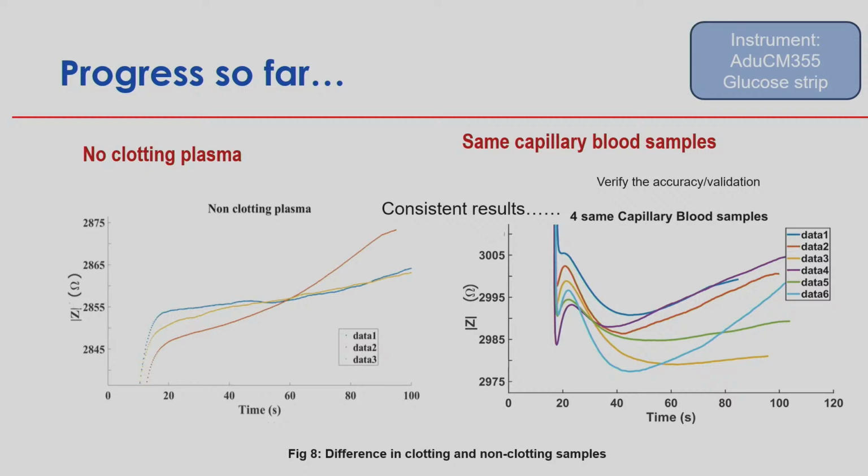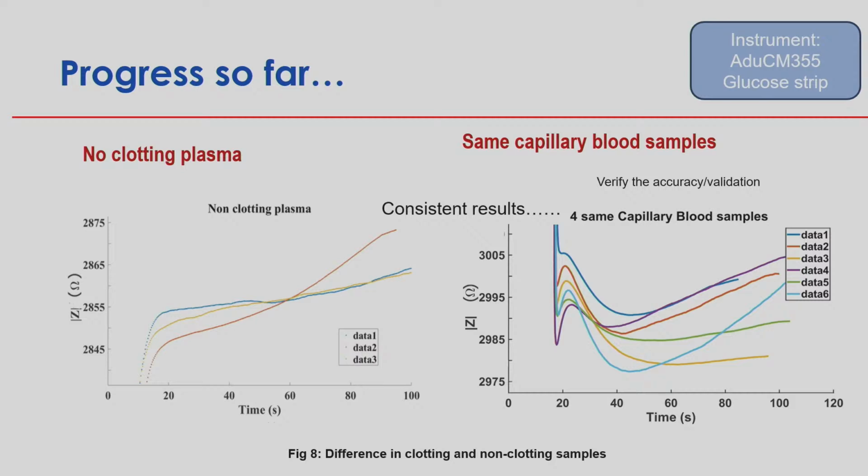I shall discuss the results that we have. The first question was whether our machine was able to detect the clotting or not. On the left side we have non-clotting plasma, that is citrated plasma, and on the right side we have capillary blood samples. We can see that non-clotting citrated plasma does not show any drop in the impedance as time proceeds.